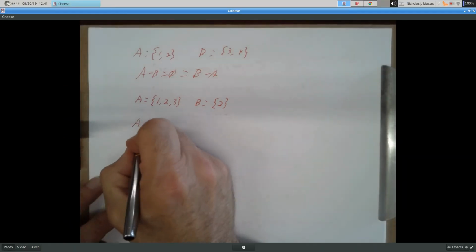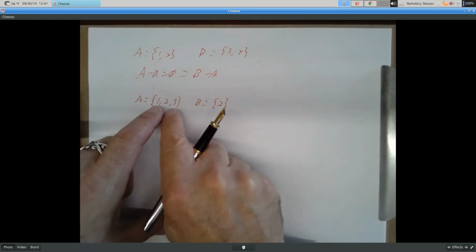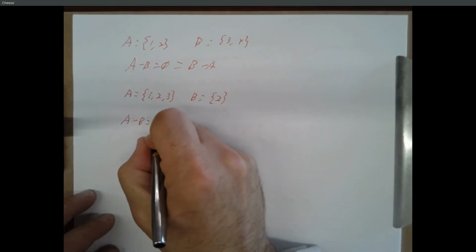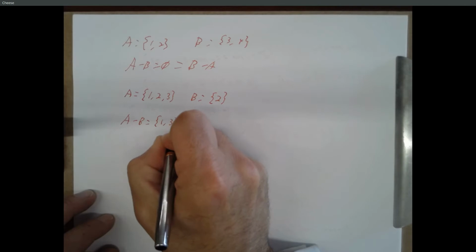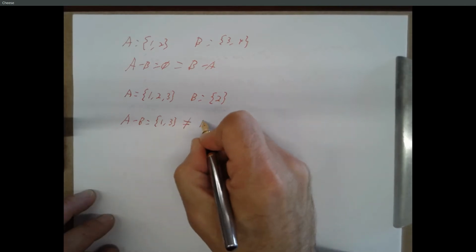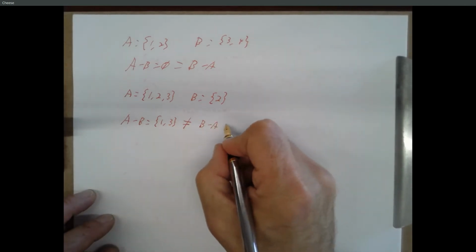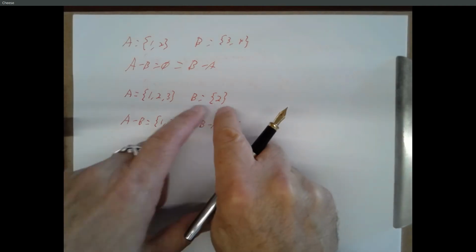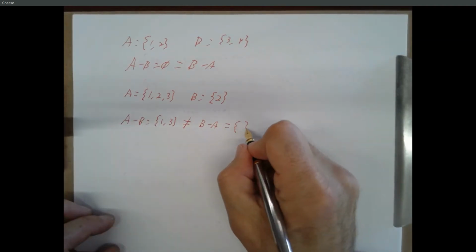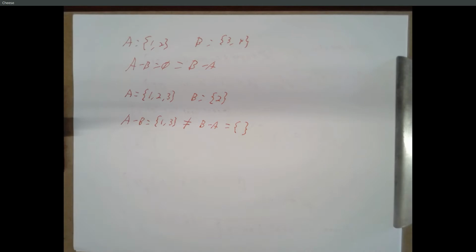So A minus B would be: start with A, throw away everything in B. That's the set 1, 3. And that's not equal to B minus A, which is: start with B, throw away everything that's in A. That's just the empty set. And one example is enough to say, okay, this is not always equal.